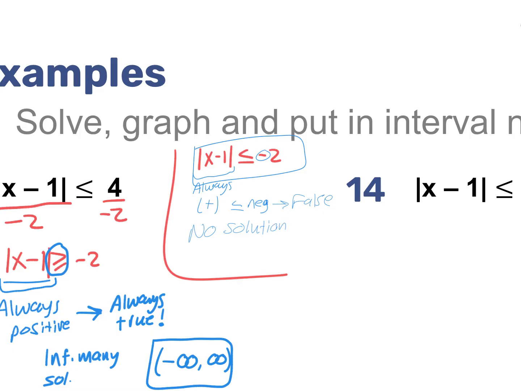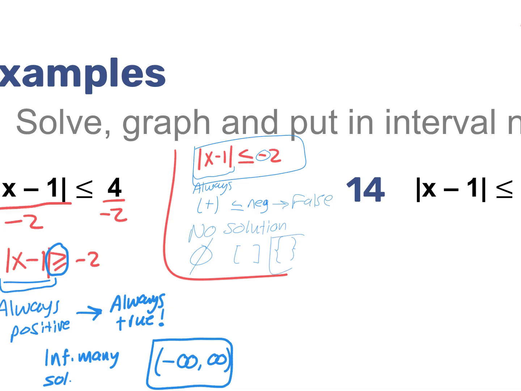Now, one way to write no solution in interval notation is to write a little circle with a slash through it. This is an empty set. There's nothing that I can put in interval notation that's going to get me a valid statement. Another thing you could do, which I wouldn't really recommend because it looks kind of awkward, is put brackets with nothing in it, or squiggly brackets with nothing in it.